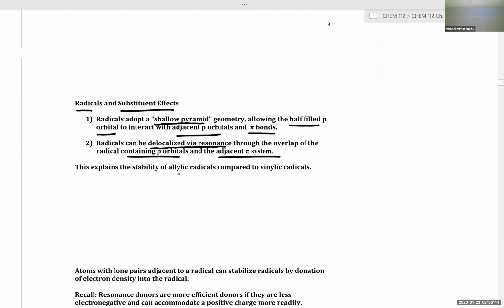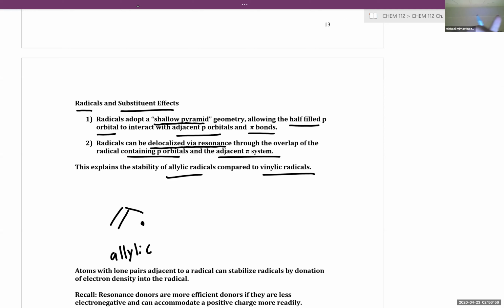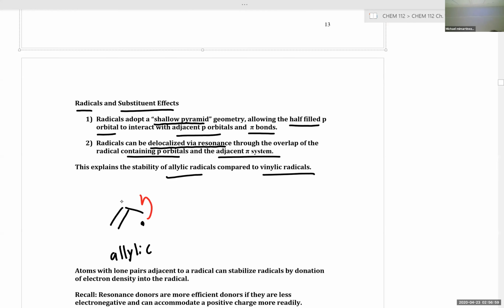So this explains why allylic radicals are more stable than vinylic radicals. So this is our allylic radical, which we can very easily see we can delocalize across multiple atoms via resonance.